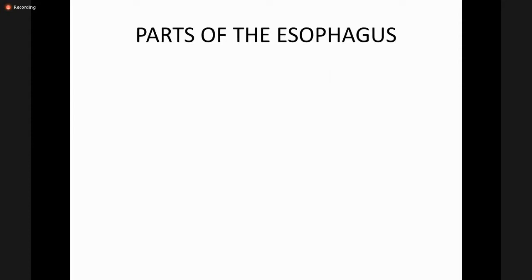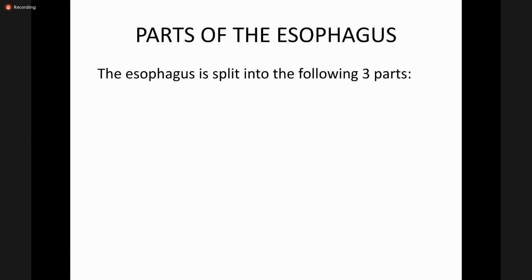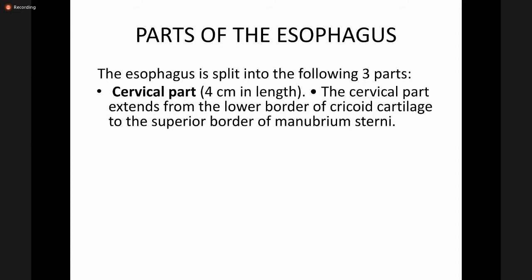There are three parts of the esophagus. It's cervical part, which is lying in the neck, and its length is about 4 centimeters, and it extends from the lower border of the cricoid cartilage to the superior border of the manubrium sterni.